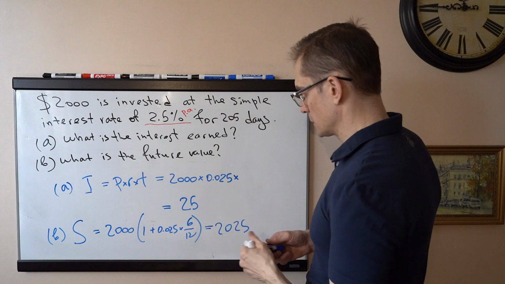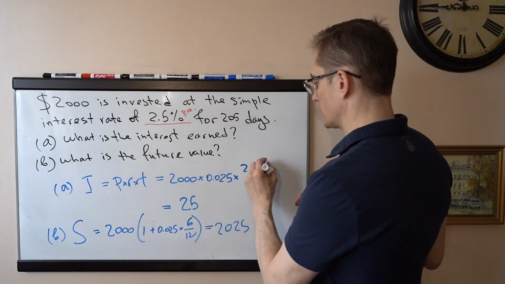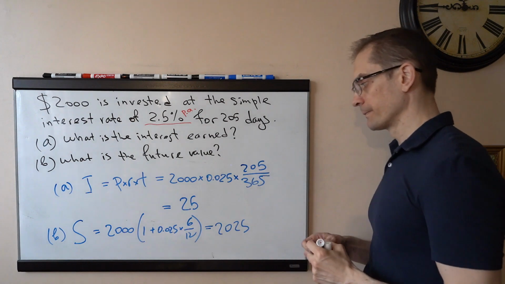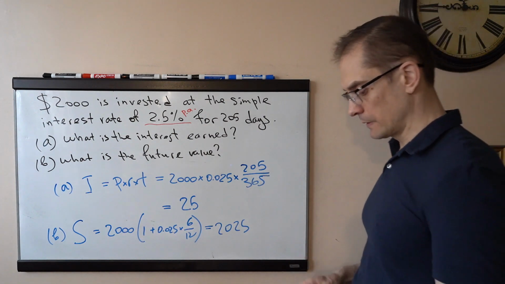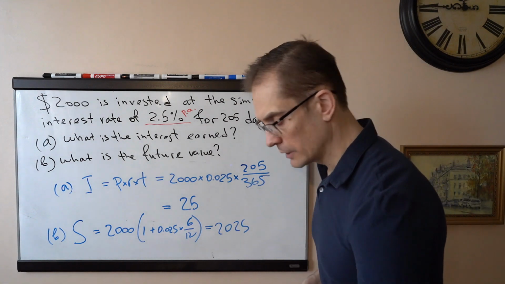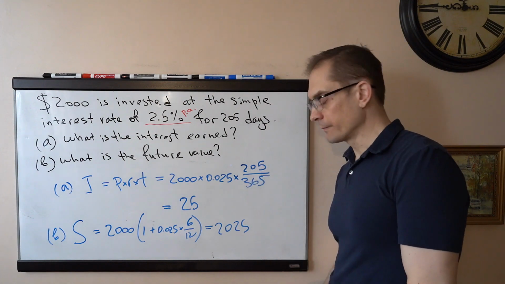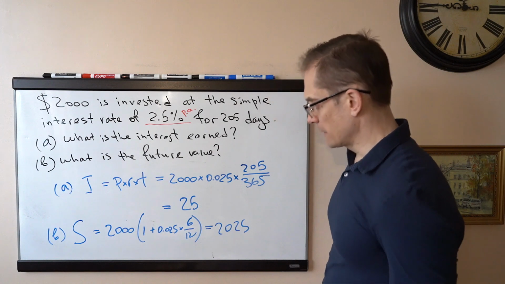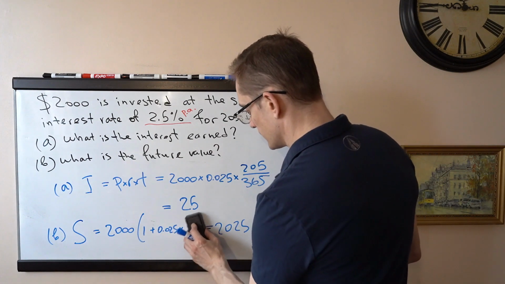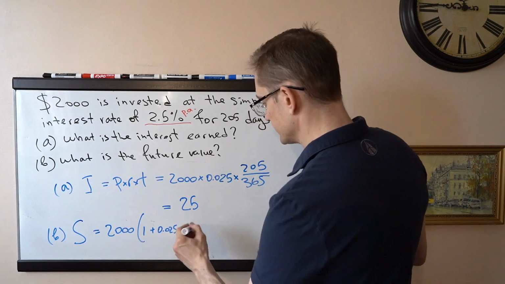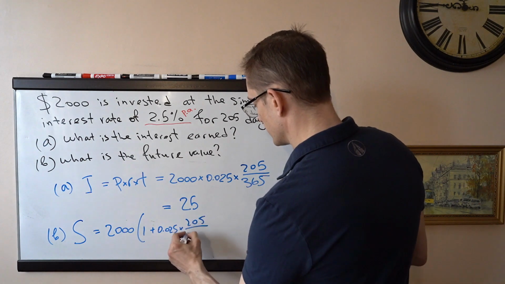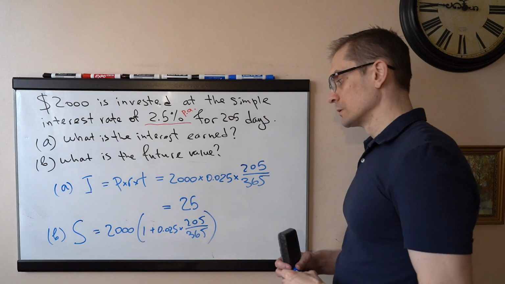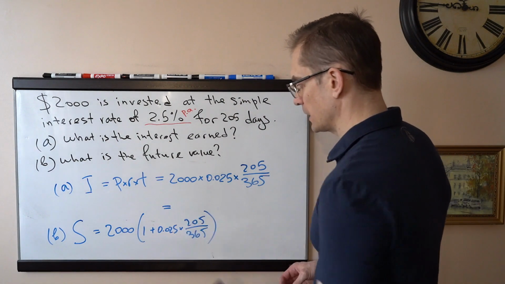Of course, it will be 205 over 365. Of course here also you will have the same modification, right? And of course it's not going to be 25 anymore, right?